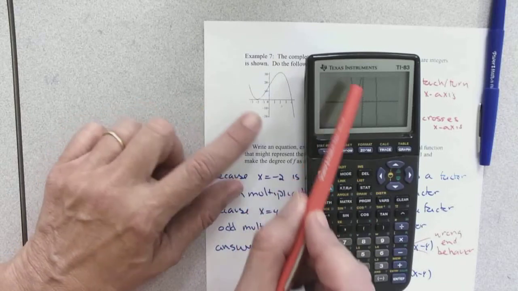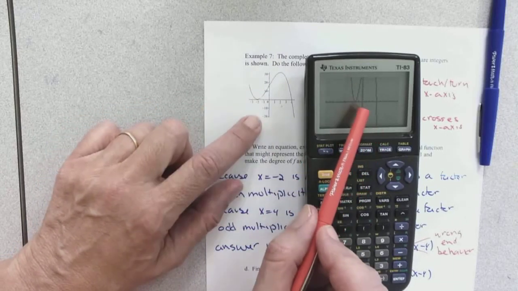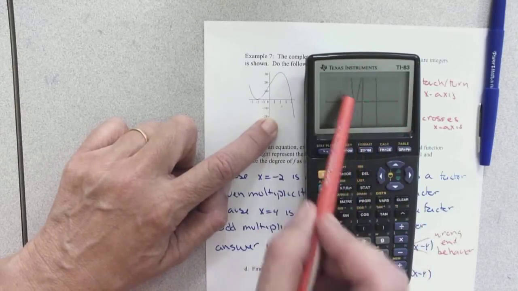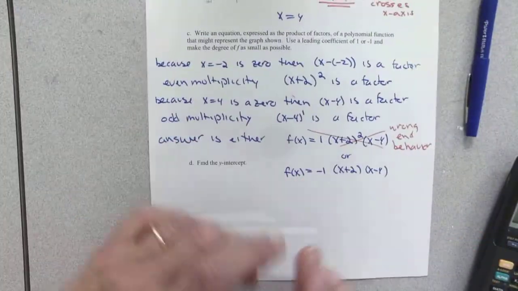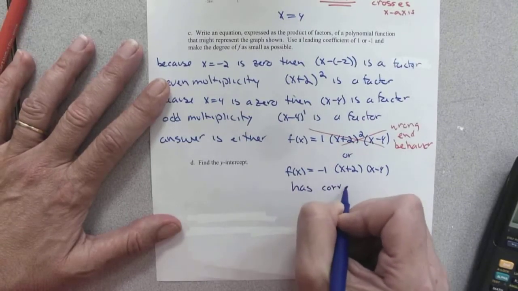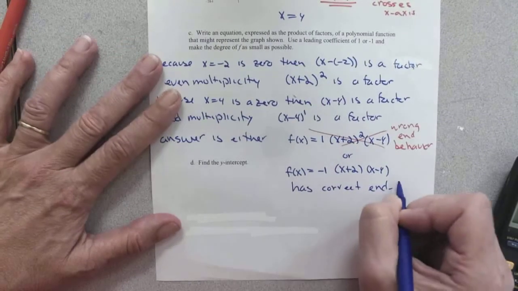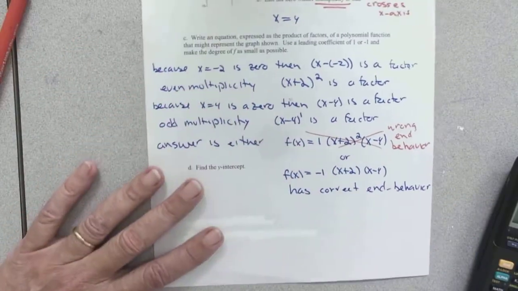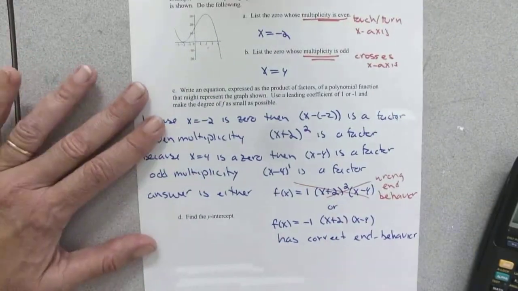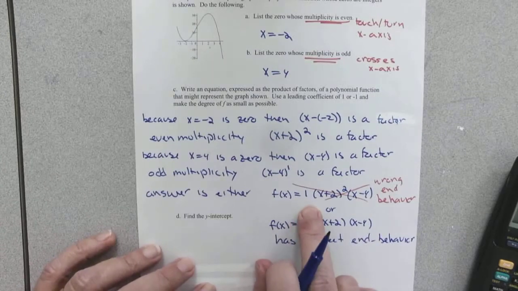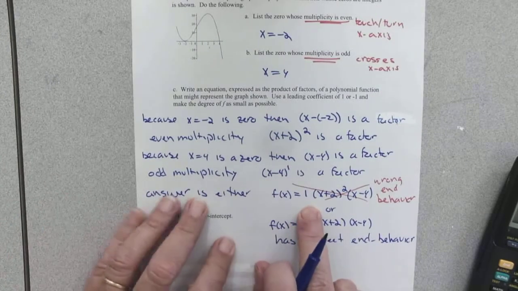It's rising on the left, falling on the right, and then I have the touch and turn, and I have the cross. And so what the 1 or -1 is doing for us is helping us pick the function that has the correct end behavior. The one with the +1 didn't give me the correct end behavior.